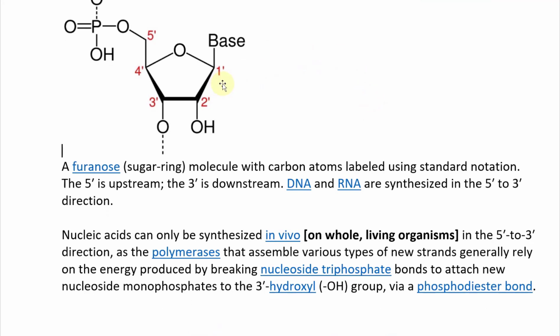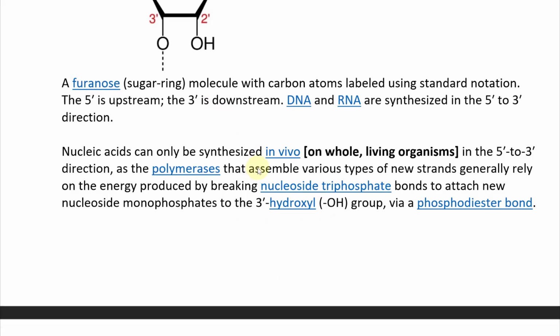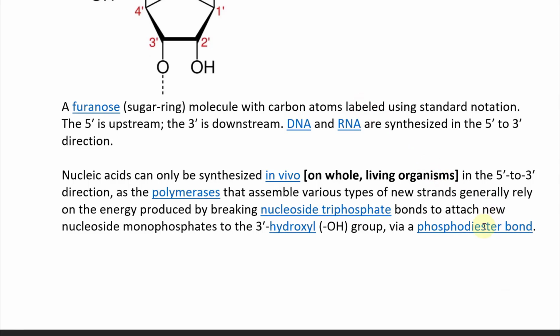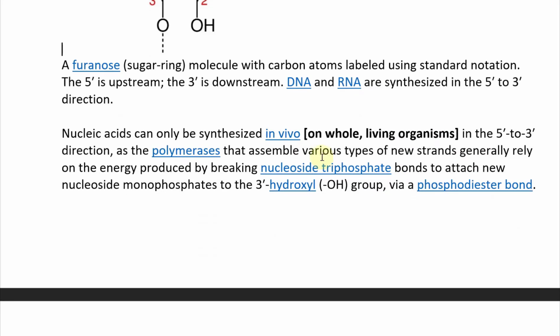Nucleic acids can only be synthesized in vivo, or in whole and living organisms, in the 5 to 3 direction, as the polymerases that assemble various types of new strands generally rely on the energy produced by breaking nucleoside triphosphate bonds to attach nucleoside monophosphates to the 3' hydroxyl OH group via a phosphodiester bond. I have to Google the pronunciation.